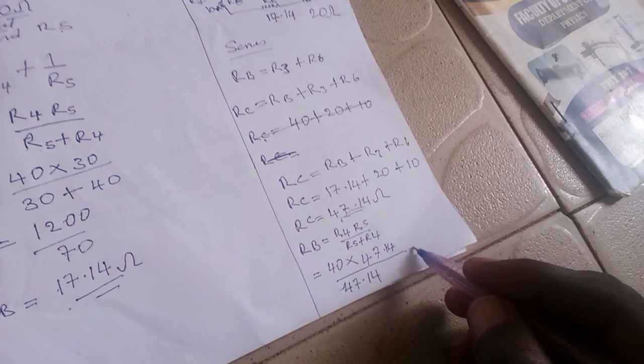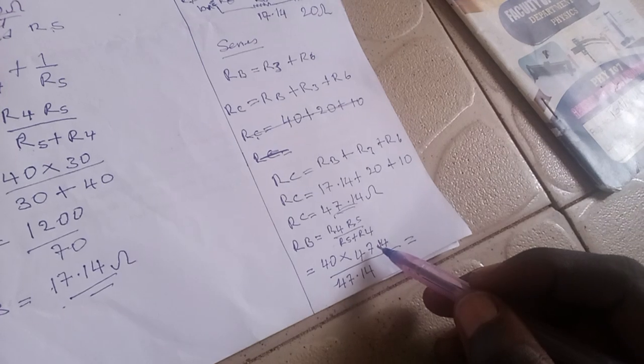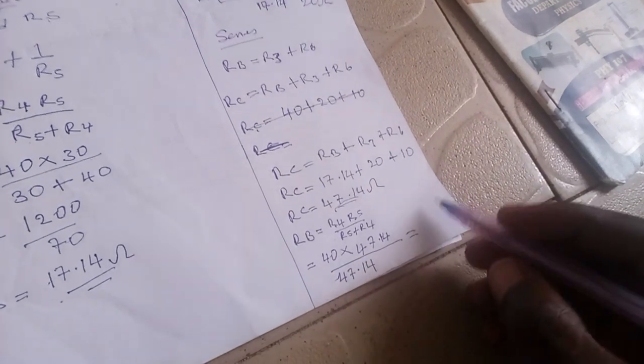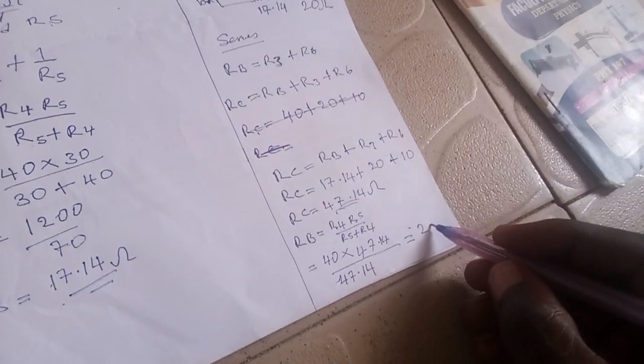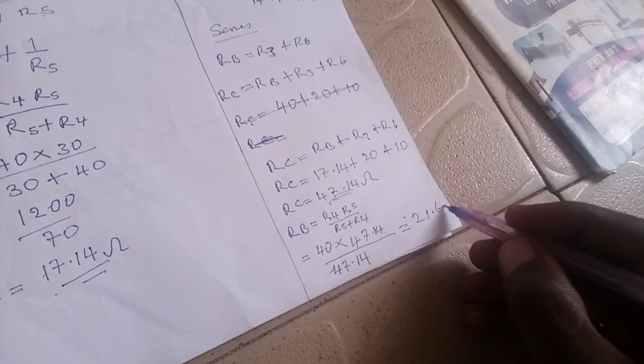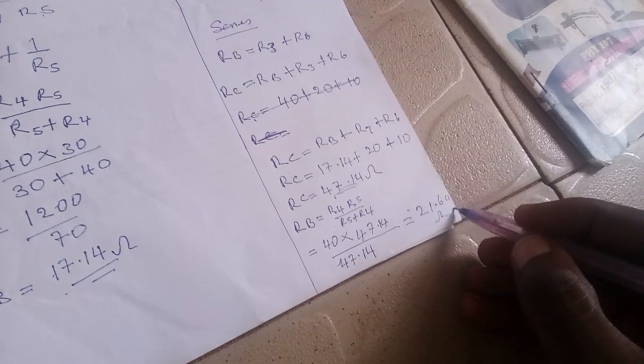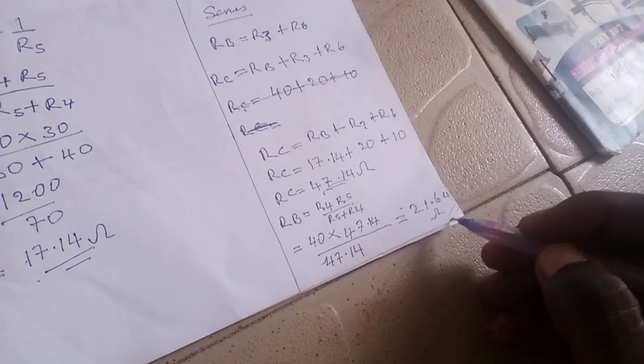When you do this times this and divided by this, it now gives you 21.64 ohms. So this is the solving of everything that we had here.